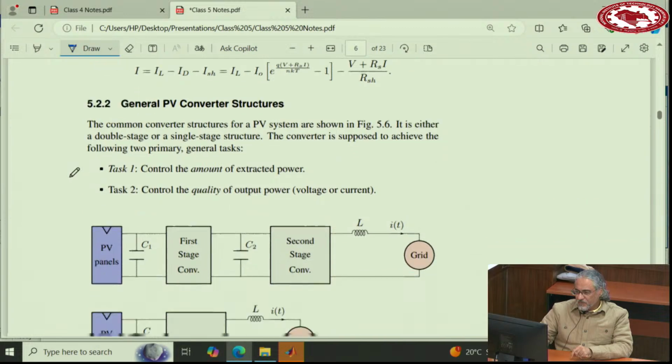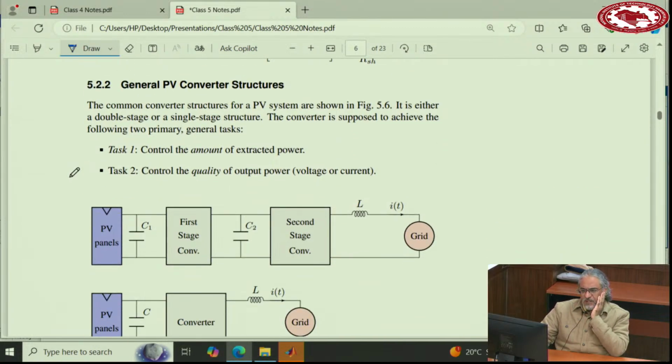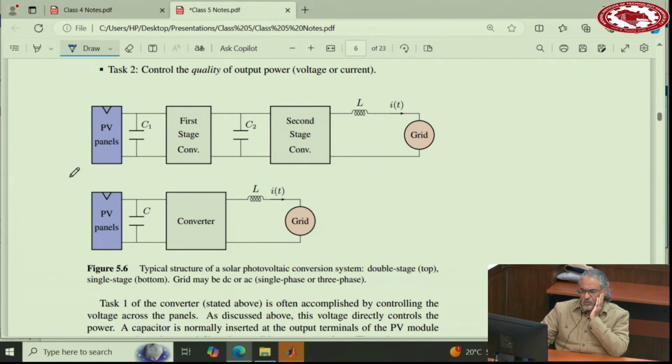Okay. So for PV, we have generally two topologies of converters. One is two-stage and one is one-stage. So two-stage, you have a first stage here and then you have a second stage. The first stage connects the PV to an intermediary link. We call it normally DC link because in AC systems its other parts are AC, but this part is DC.